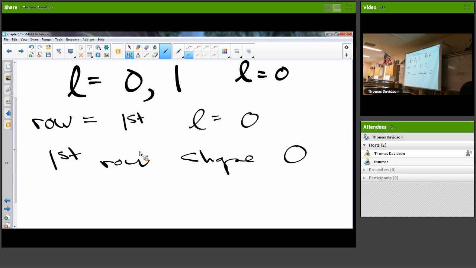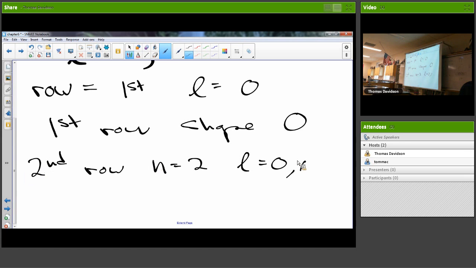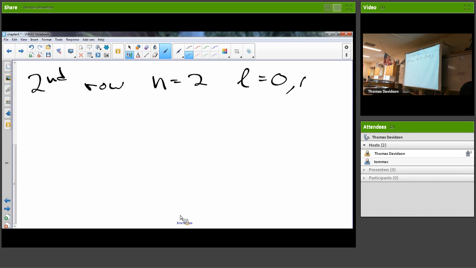Okay, but now let's say I'm in the second row. The second row means n equals 2, and L could be 0 or 1, right? Or in other words, if n equals 2, I could have a 0, which is what shape? A sphere.